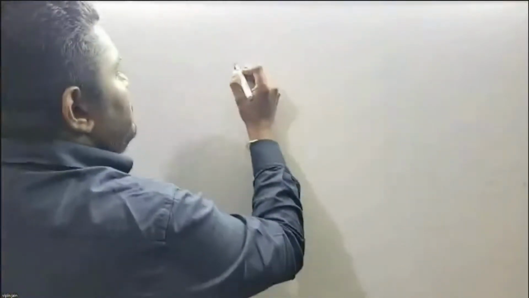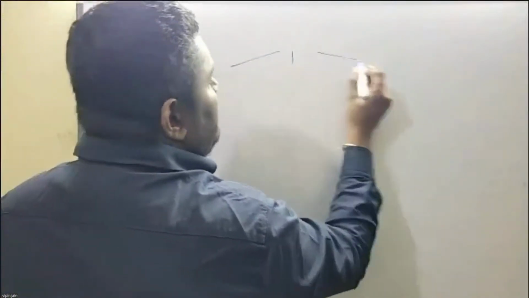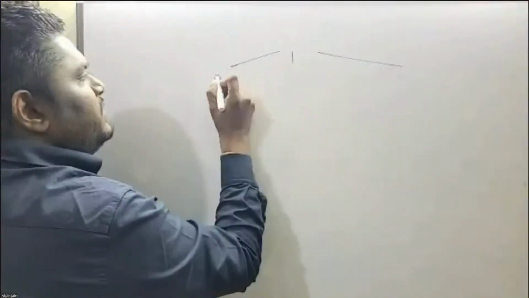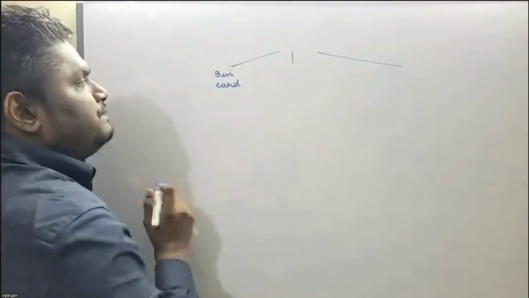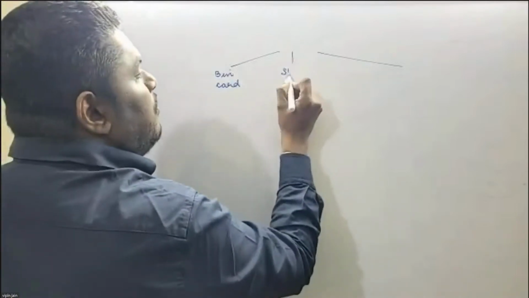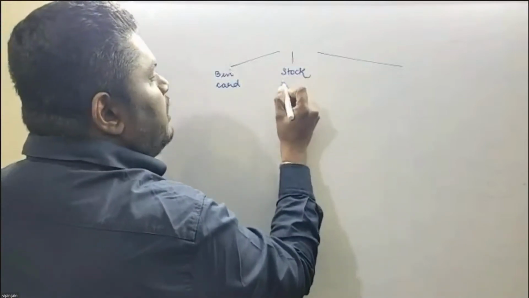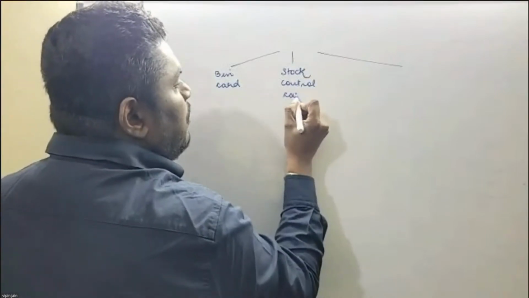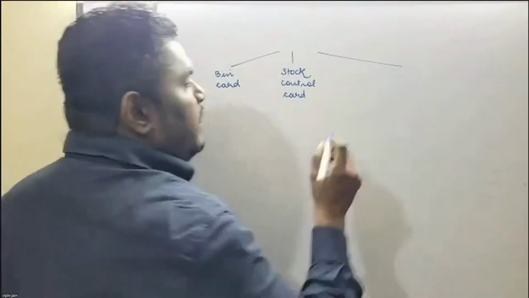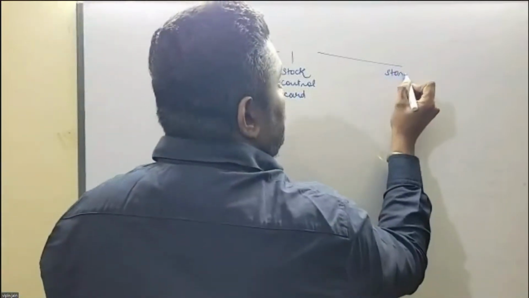Herein, three records are maintained by the company, wherein the first is the bin card. Next is the stock control card. And the third one is the stores ledger.